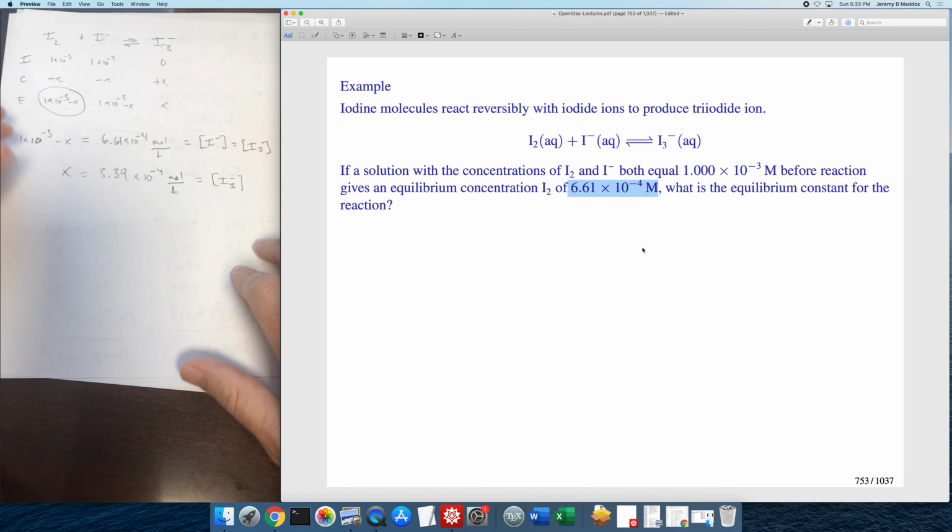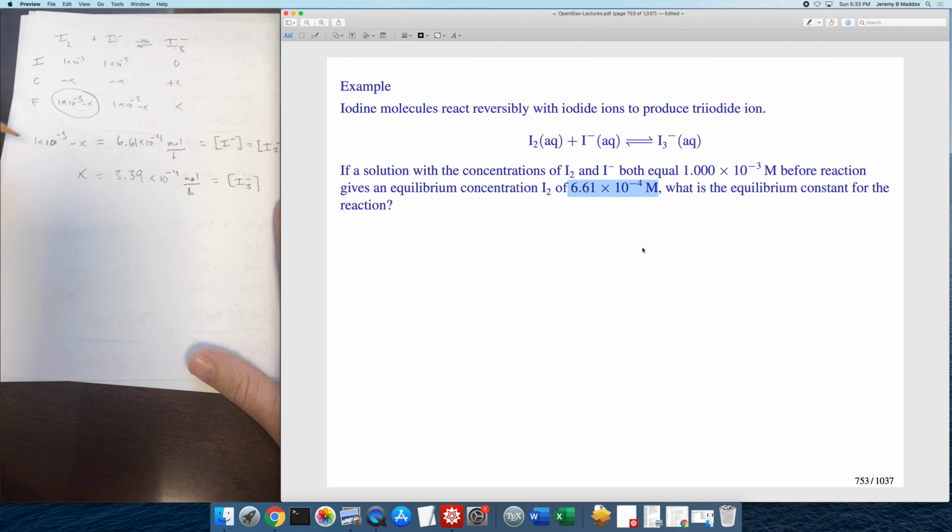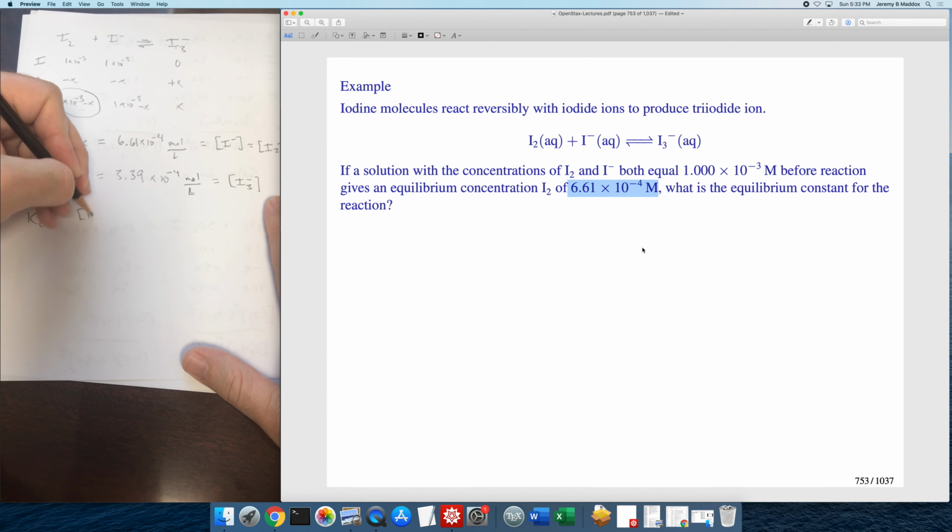So the equilibrium constant would be Kc equals I3 minus over I2 times iodide. We would then take these numbers and plug them in.